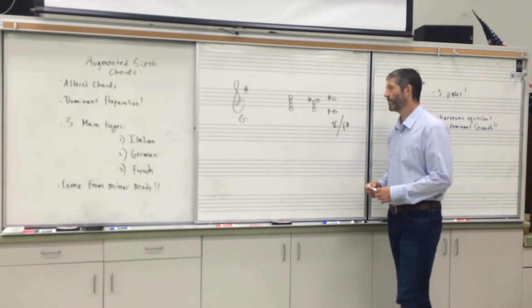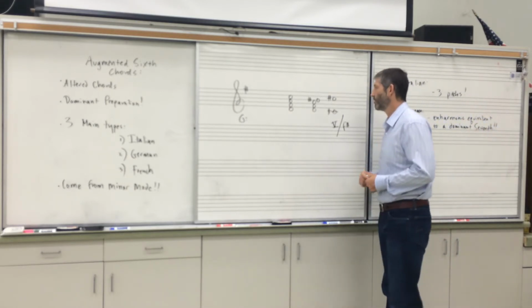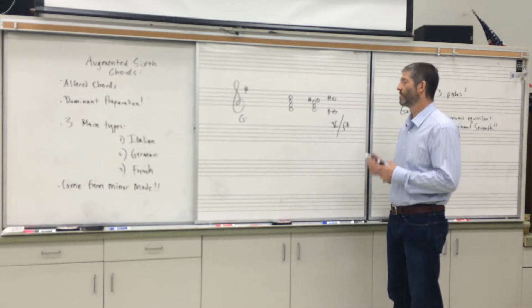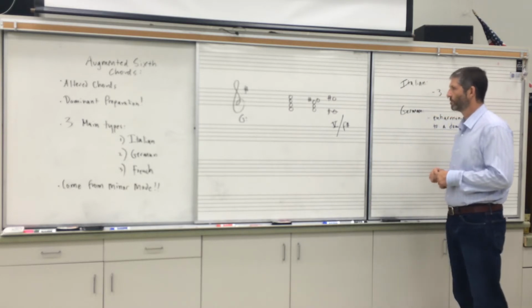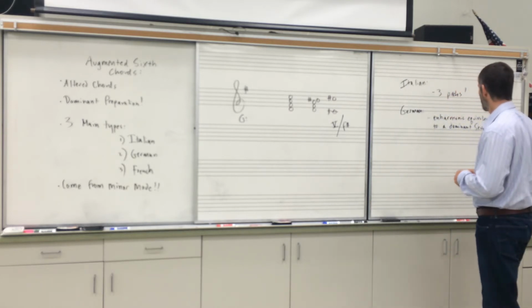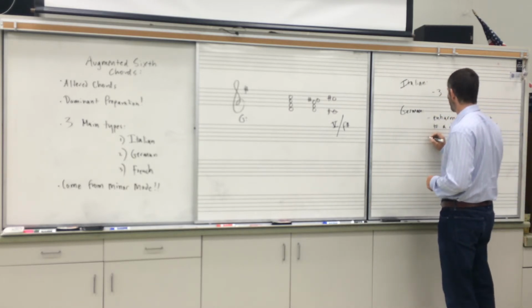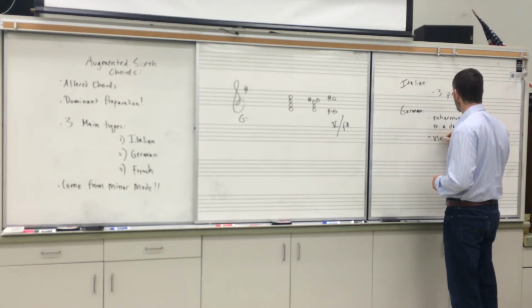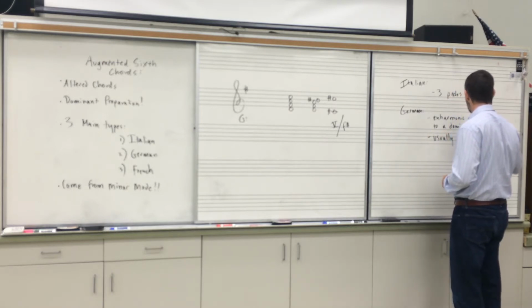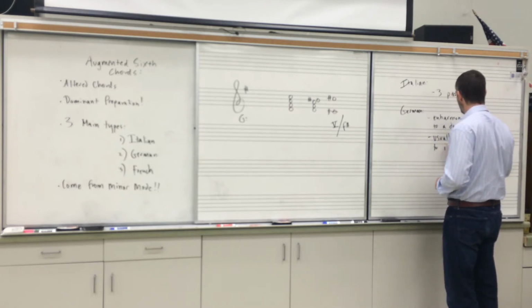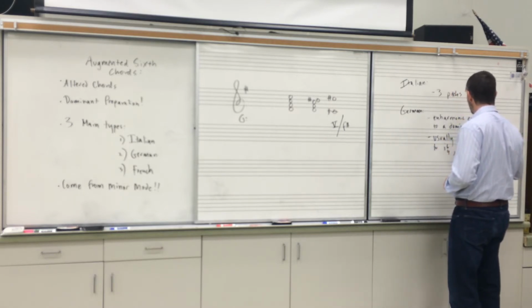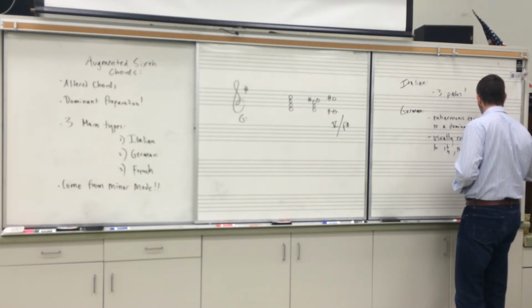So the German sixth is used in countless ways in the 19th century to get to keys that are not easily accessible. The other thing about the German sixth chord is that it usually resolves to a tonic 6/4, then to 5.